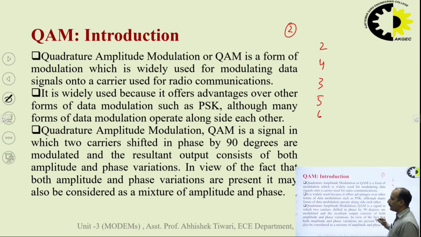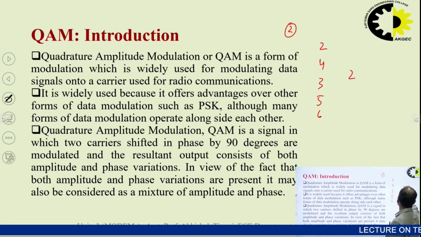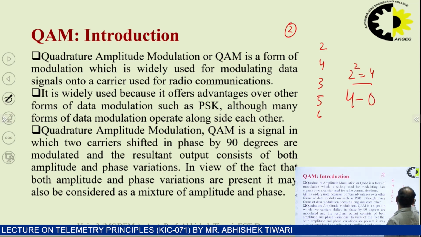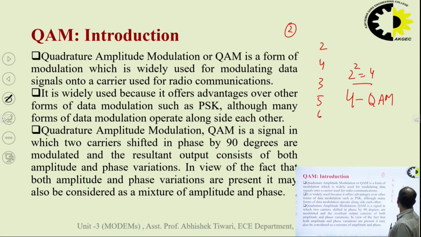If you are using 2 bits, that is 2 to the power 2, 4, means 4 QAM. Similarly, 2 to the power 3 is 8, means 8 QAM. And the most common and famous is 2 to the power 4, that is 16 QAM.